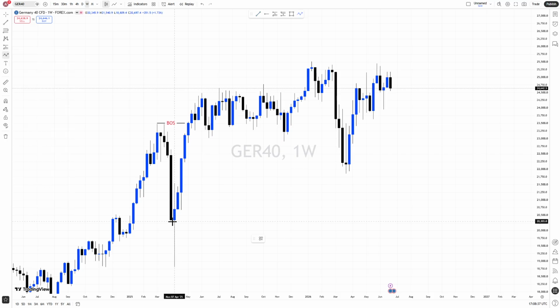After this breakout structure, we created that high. The market gave us this first pullback, which failed to break that high, creating liquidity around this area. So early buyers were being introduced around this area.